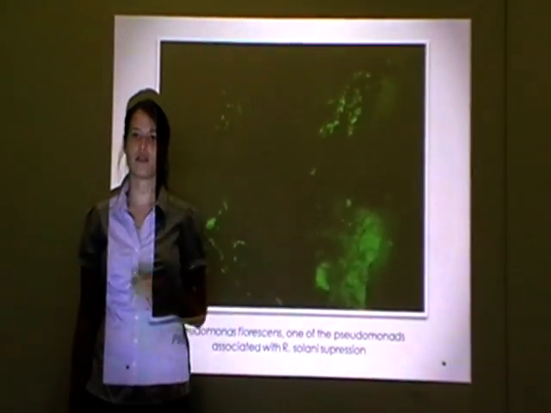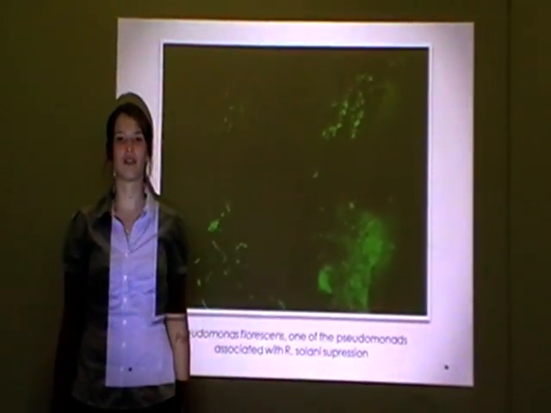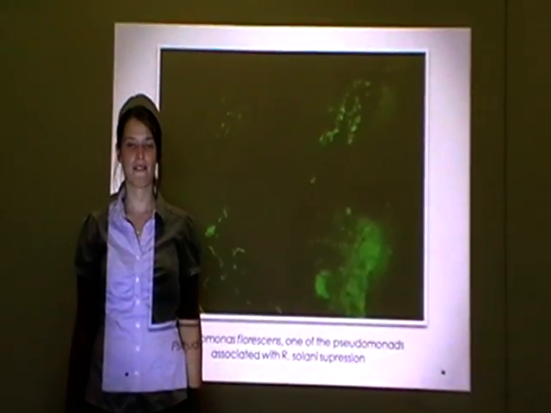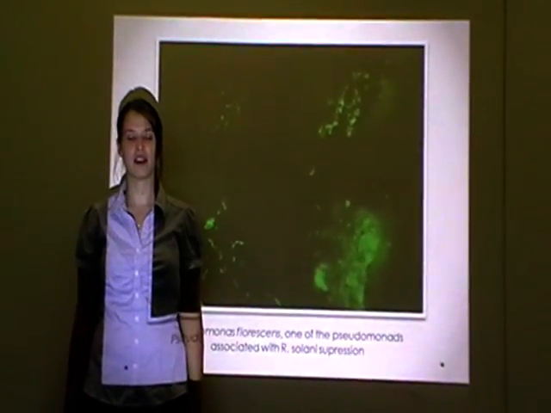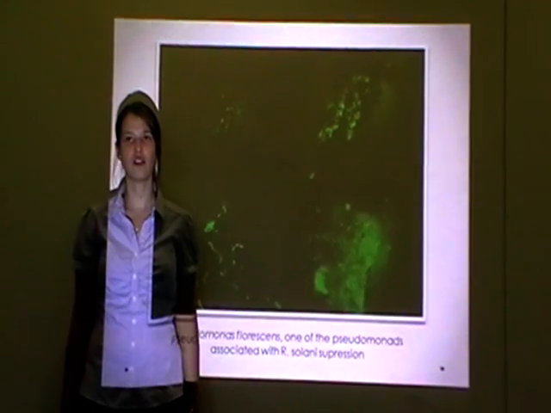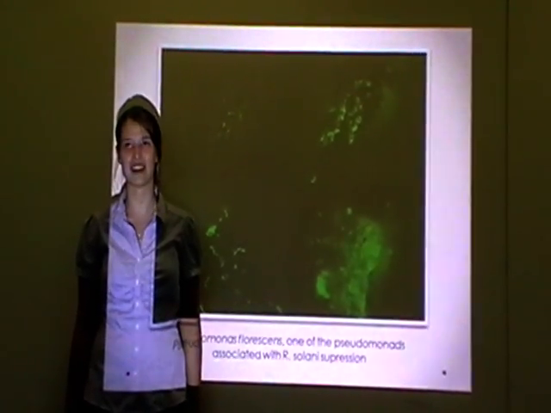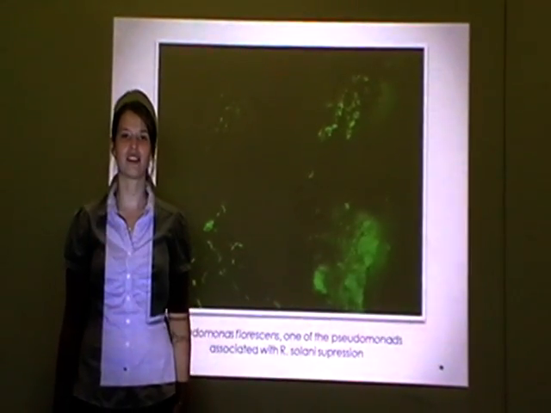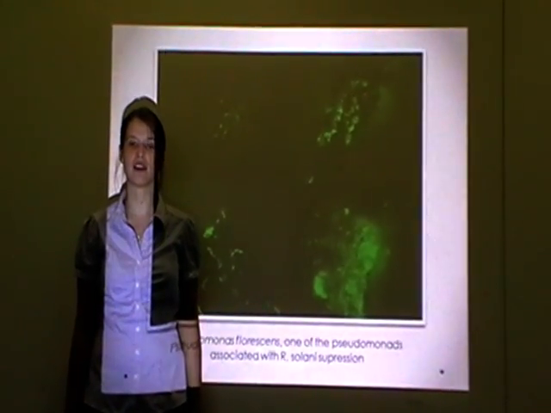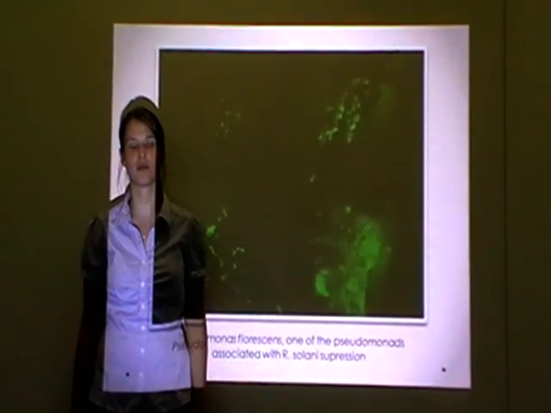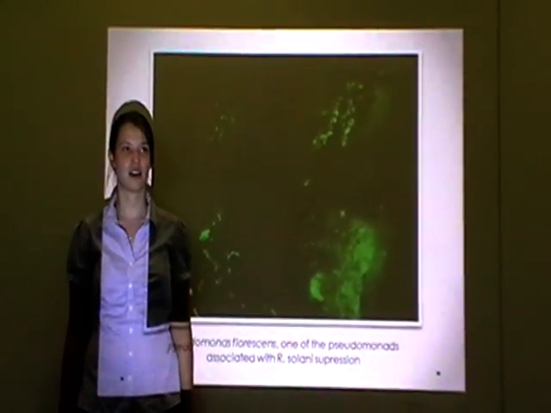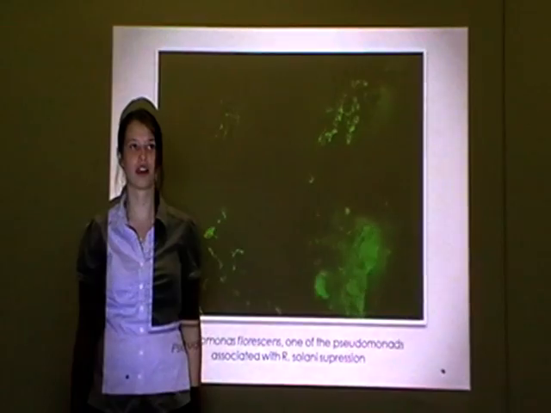A pseudomonad was then isolated from the suppressive soil and grown on a selective medium. They then used DNA fingerprinting to identify the similarities between the DNA, allowing them to group them into 10 haplotypes, that is, DNA similar groups.